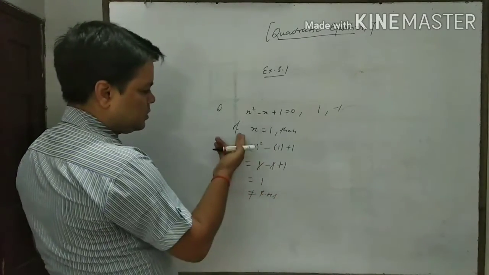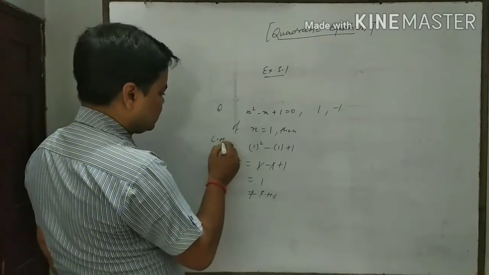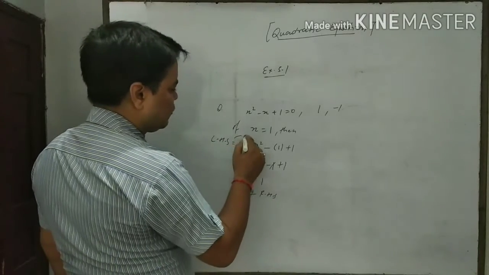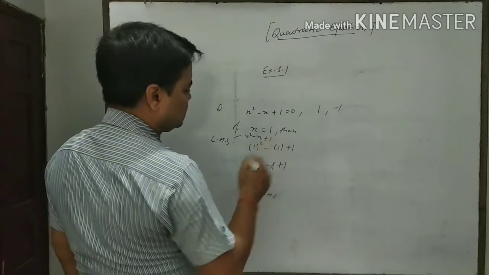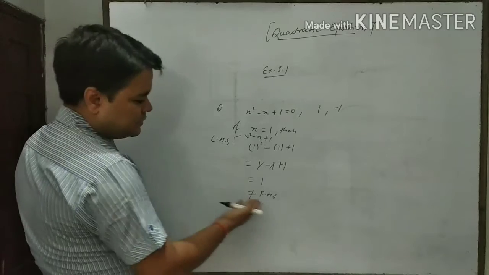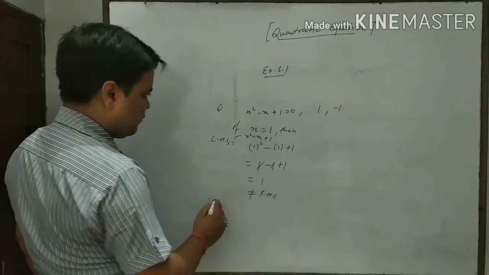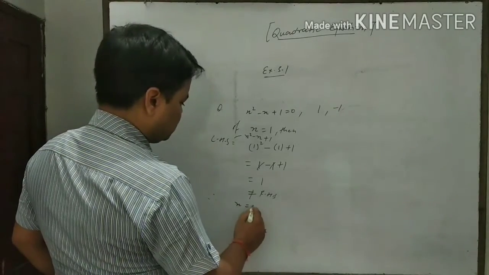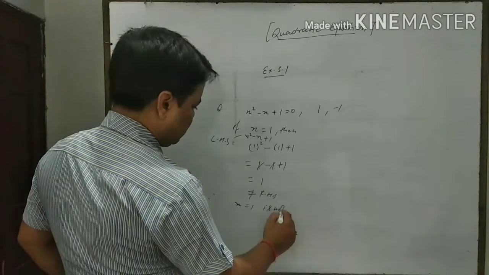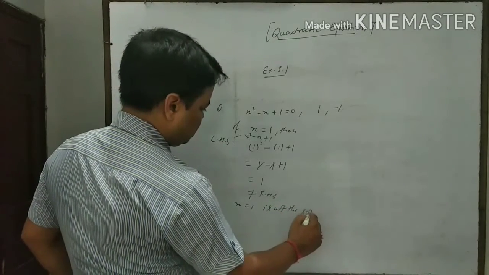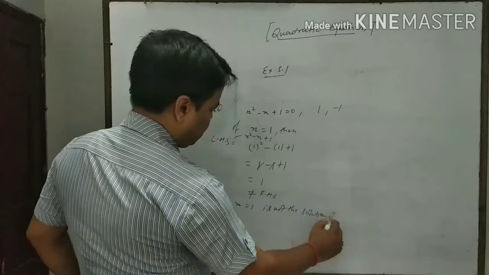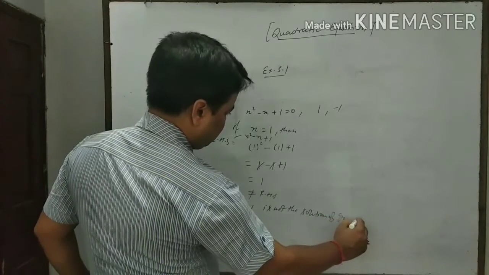And the left hand side is in the form of x square minus x plus 1. So here the left hand side is not equal to the right hand side. Therefore, x is equal to 1 is not a solution of the given quadratic equation.